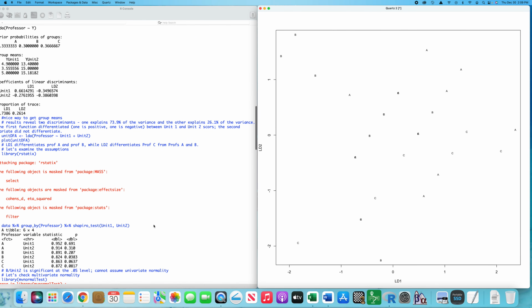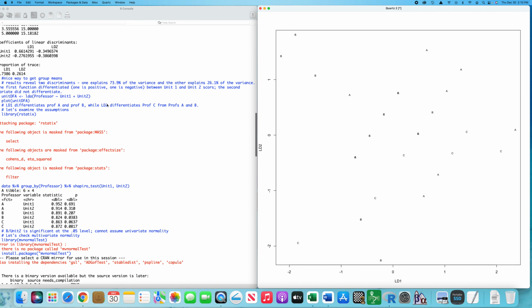So what I found here is that when I draw the line at LD1, that vertical line, it differentiates between Professor A and Professor B. I think I have just about the same count of C's over here as I do over here, but it seemed to differentiate between my A's and my B's.